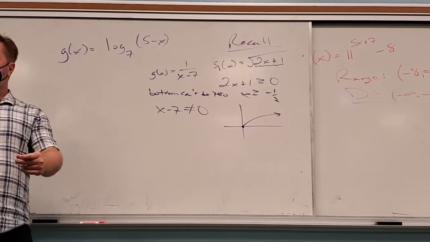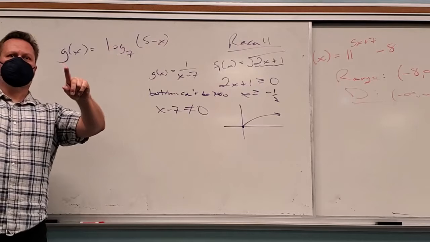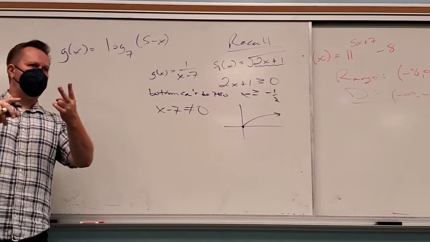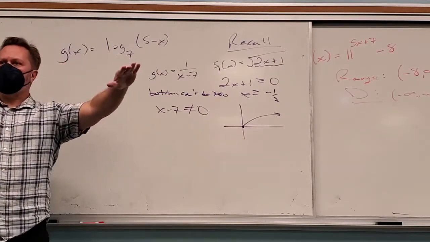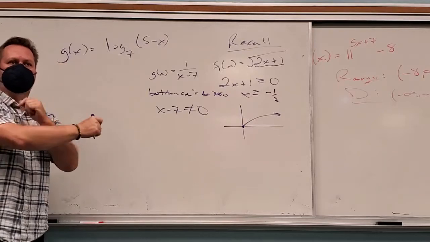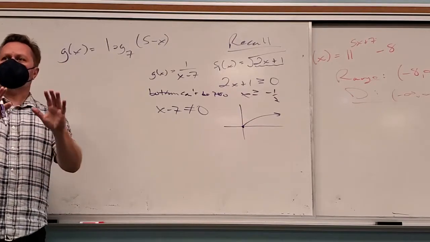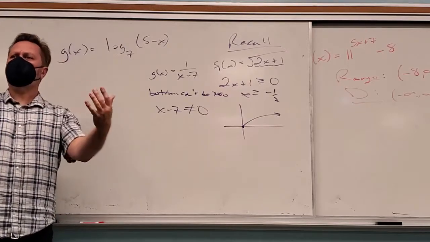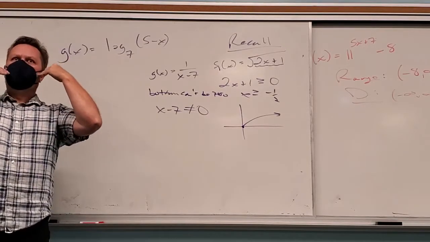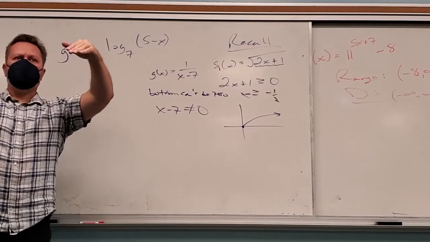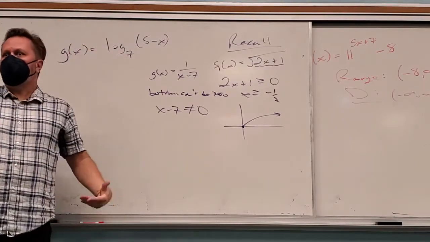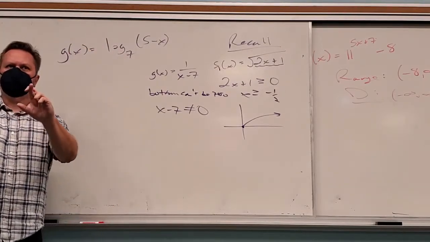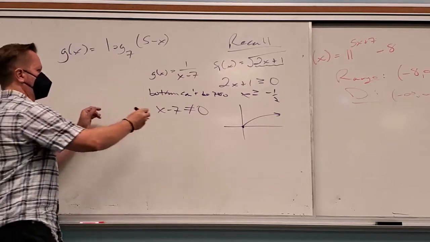Every function I give you, if you can say in English what must happen or what can't happen, and then write that in Mathish, solve it, you're done. It's almost too nice to believe, but that's how it should work. The domain is all the numbers that work. If you can say what would make things freak out and write that mathematically, you should figure out what numbers make it work. Okay. So obviously x can't be 7.